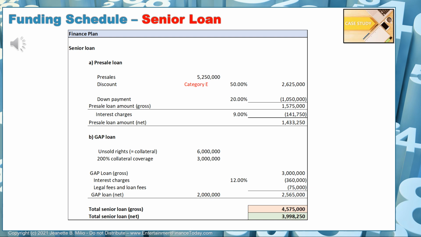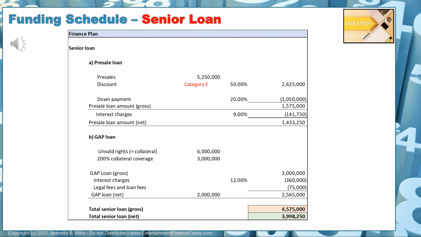So in this case, 20% of $5,250,000 is $1,050,000. So altogether, what we end up receiving as our pre-sale loan gross amount is $1,575,000, because we're deducting $1,050,000 from the $2,625,000 that the bank offers to lend. The gross loan amount of $1,575,000 is subject to interest charges that the bank will apply.